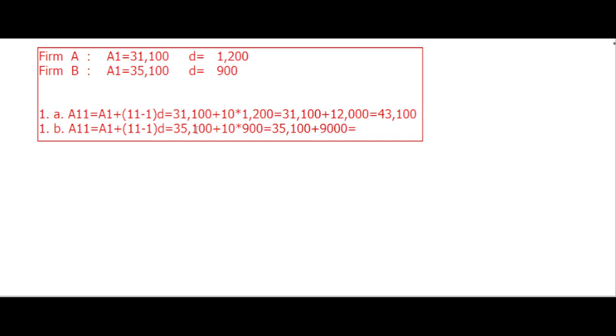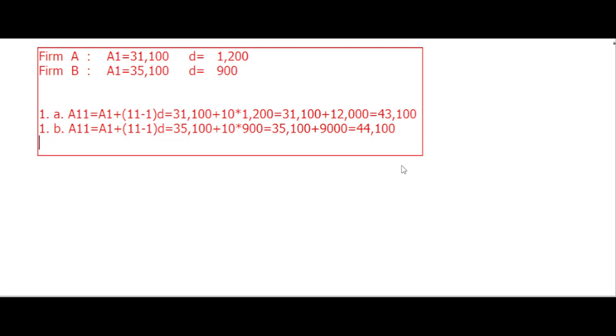Let's add this: 35,100 plus 9,000 which is equal to 44,100. This is the solution for question number B.